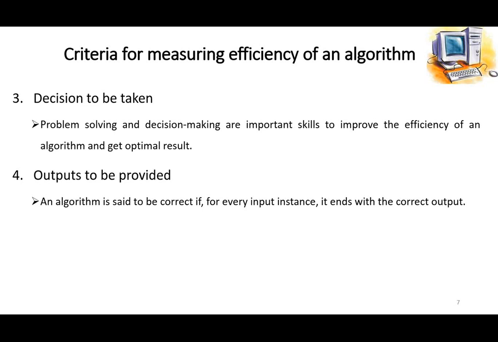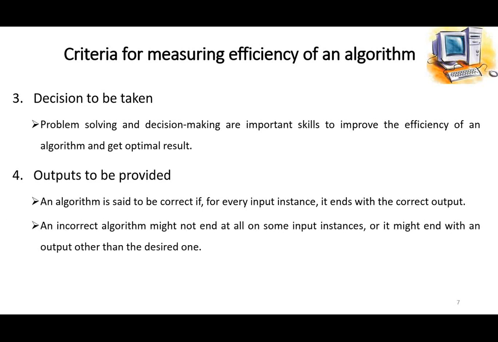It's not necessary that we will always provide the same inputs to the algorithm. So we have to check the algorithm by providing different inputs to see whether the output produced by the algorithm in each case is a correct output or not. That is called the efficiency of an algorithm with respect to the output that it provides.